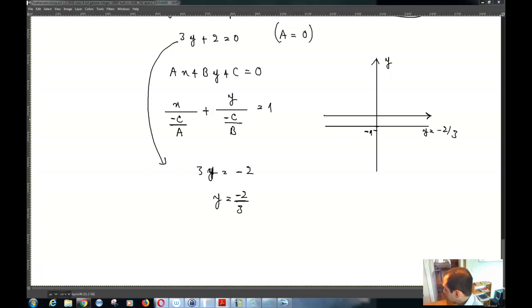So the next question that we have is, we want to reduce these equations into normal form. And you know what normal form is, so let me make some space over here.